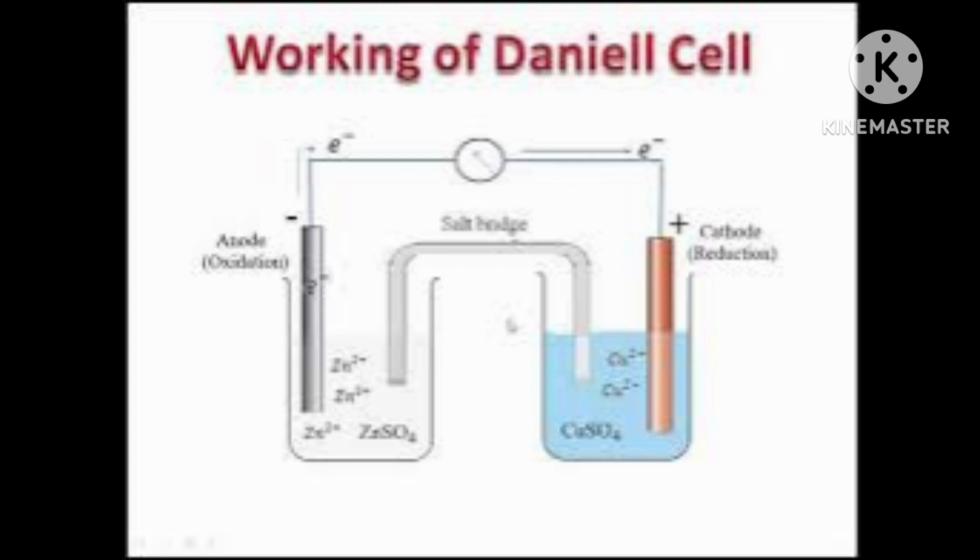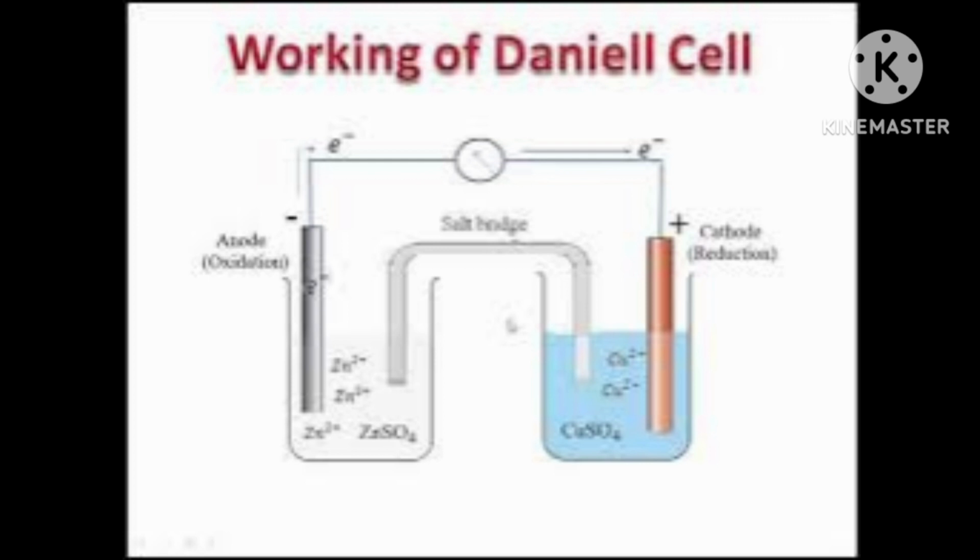Now I will come to a little detail. Already I have discussed in previous classes, I have given a background for electrochemistry. Now I will go into details, but I want to brief it here. In a cell, three important parts are there.